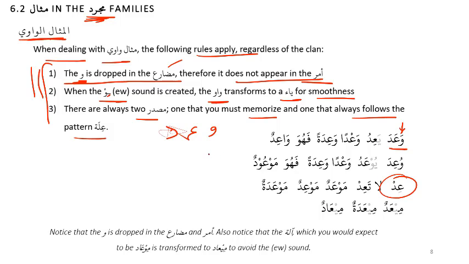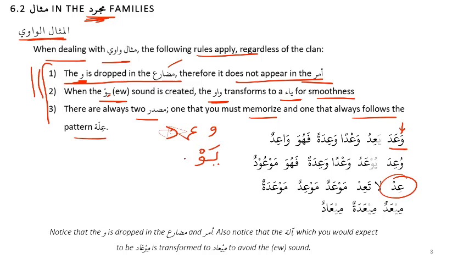The normal way, if you take daraba yadribu, what would the fail mudare look like? Can somebody tell me? We would have ya, fatha, and then the fa letter. It would be yaw.